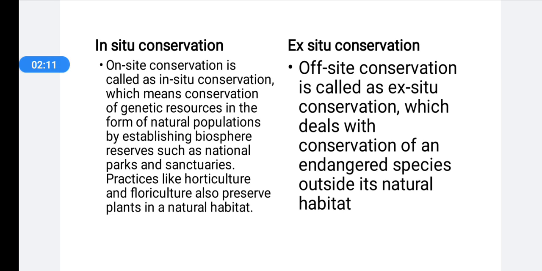So preserving the plant species in its natural habitat comes under in situ conservation. While ex situ conservation is off-site conservation, and it deals with the conservation of endangered species outside their natural habitat. We will be discussing in detail this ex situ conservation.